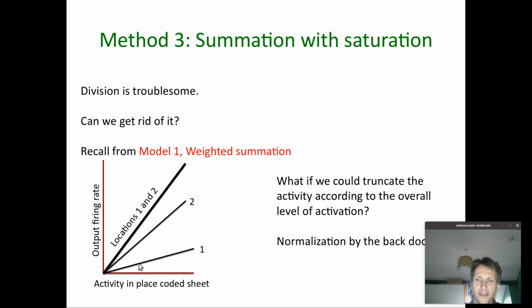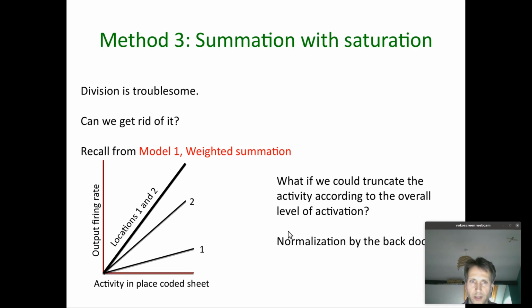You could get a sensible size saccade for a luminance at location 1 and for a luminance at location 2, but you add them together and you got an overshot saccade. But what if we could count the number of spikes as we went up that curve and truncate it after we'd had a certain number of neural spikes?